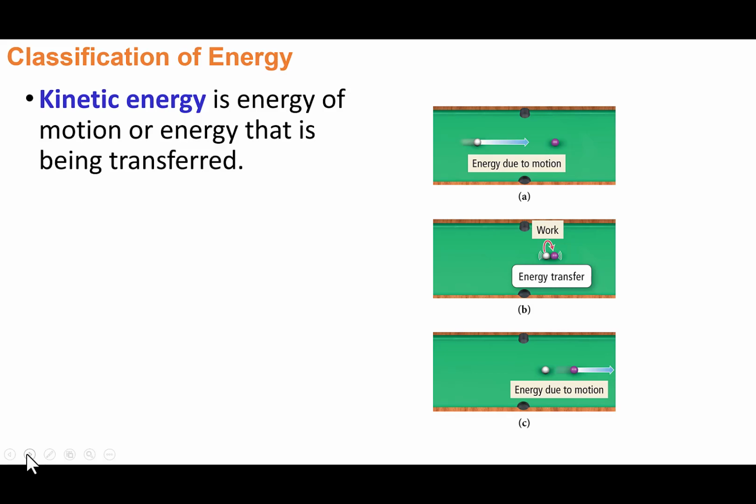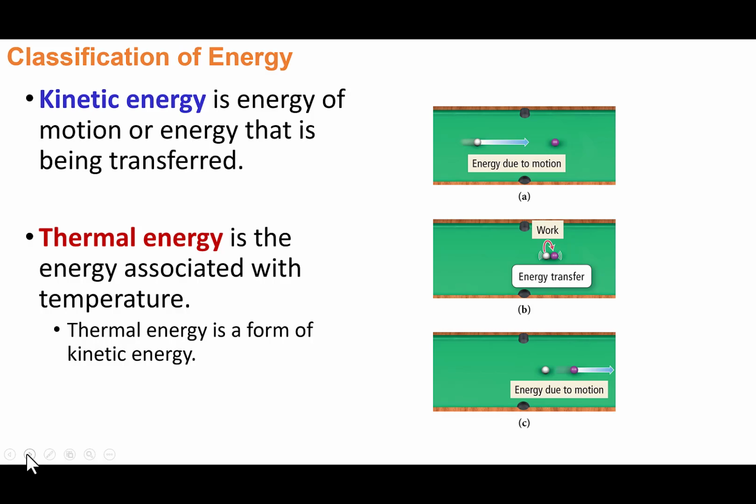Or the picture we see on the screen are pool balls. So the pool balls that are in motion, those have high kinetic energy. We can also think of kinetic energy as energy being transferred. So when those pool balls collide or connect, energy is transferred from one pool ball to the other. And that also is a form of kinetic energy.